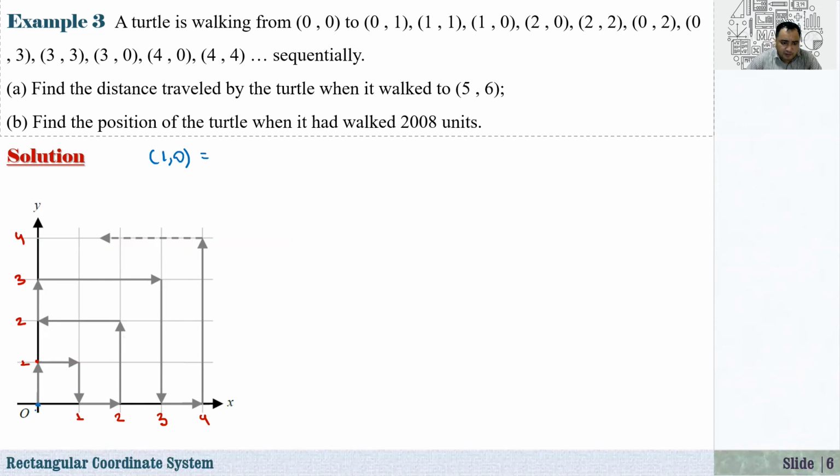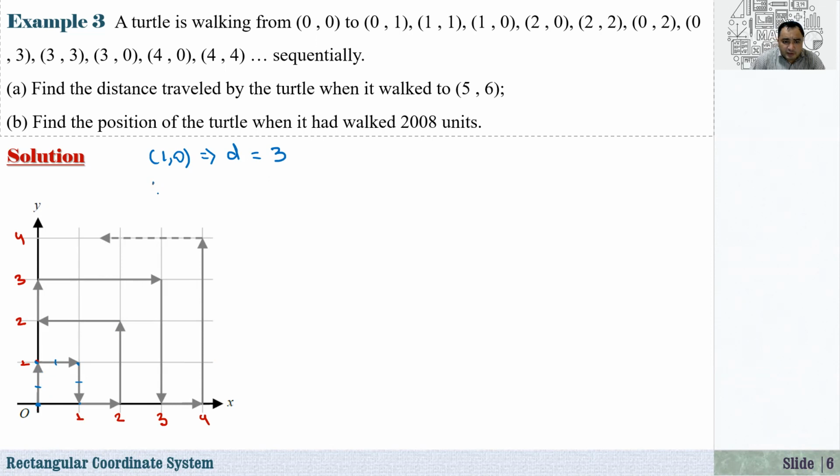This is the first point, the second point, third point, fourth point. So it passes through 4 points. Now, what is the distance traveled by the turtle? Since there are 4 points, from 1 to 4, how many intervals do we have? 3, that is 1, 2, 3. So actually it travels 3 units.